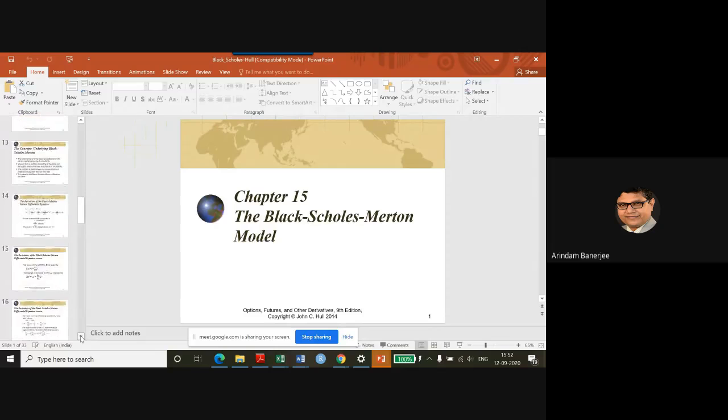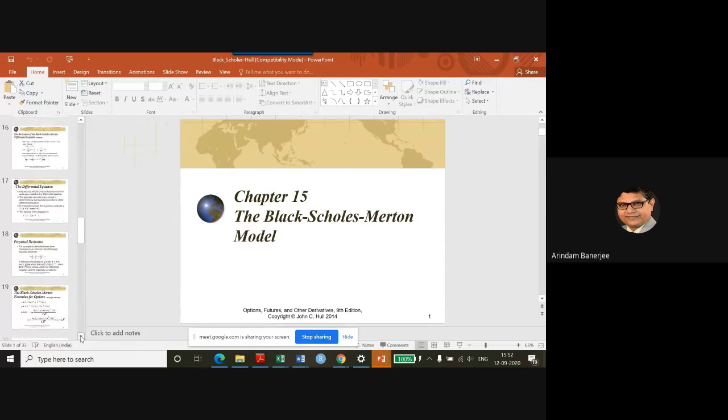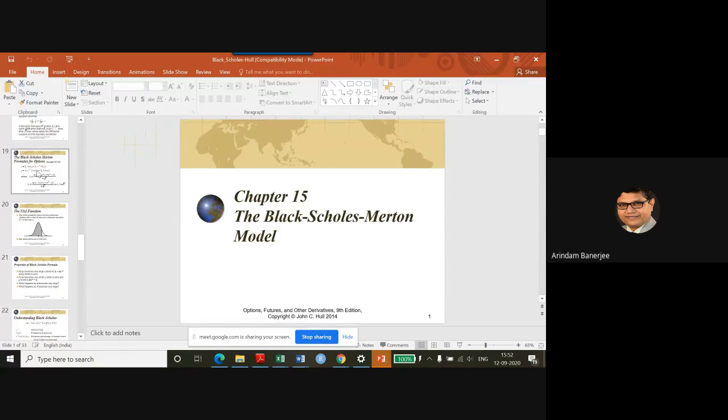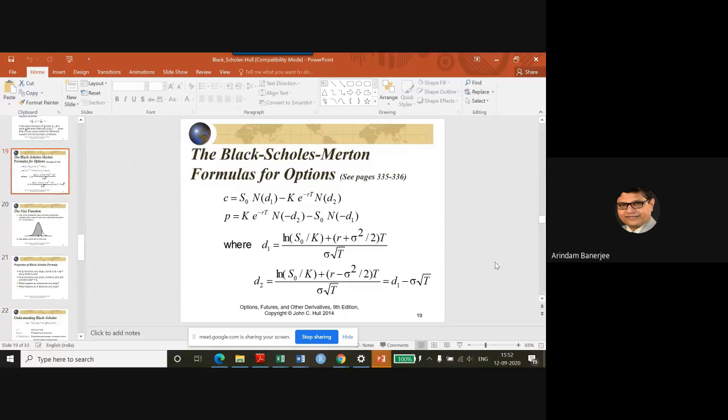They said that we can calculate the value of an option if we know 5 parameters. So this is the formula for calculating the value of a call as per Black and Scholes, and this is the formula for calculating the value of a put.